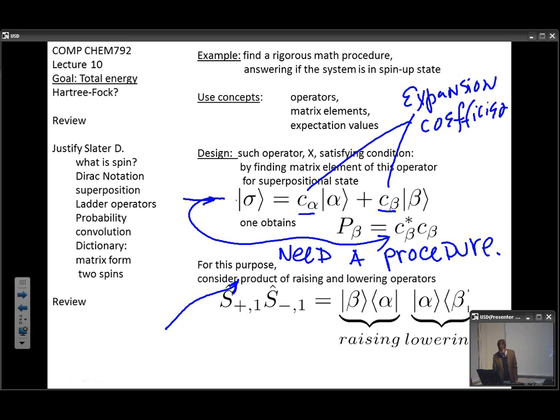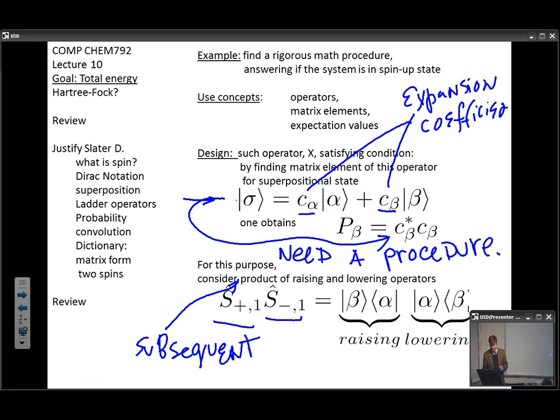So operators can be applied to a vector one after another, and one can apply several operators. So what if we use the lowering operator first and the raising operator second?